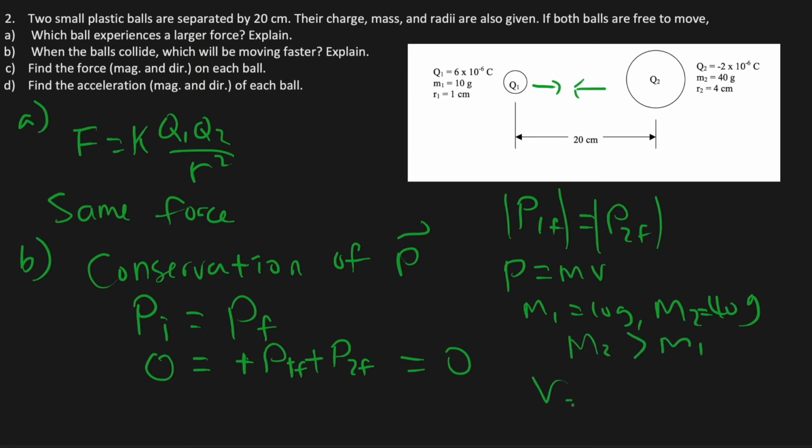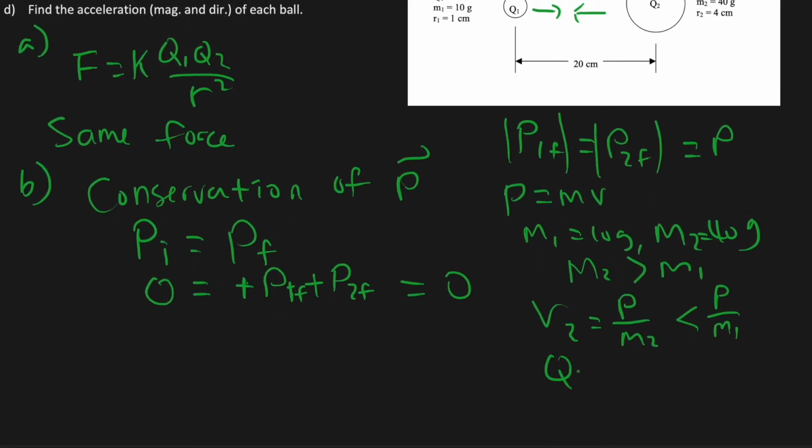Let's say P1F is equal to P2F is equal to P. So V2 is equal to P over M2, which is going to be less than P over M1 because M1 is less than M2. So charge 2 is going to be moving at a smaller velocity. So Q1 is faster.